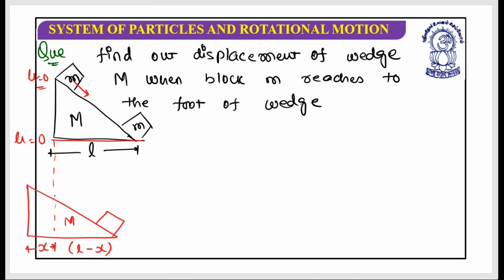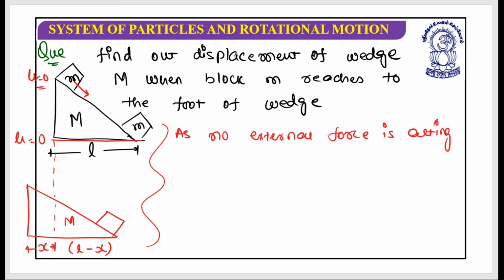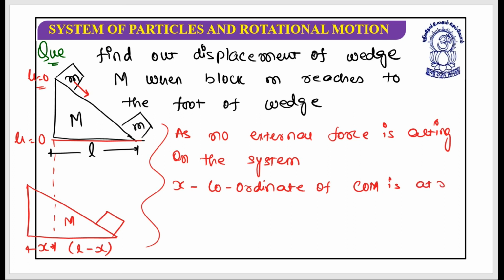So what we can see is that as no external force is acting on the system, that's why the X coordinate of the COM is at rest.